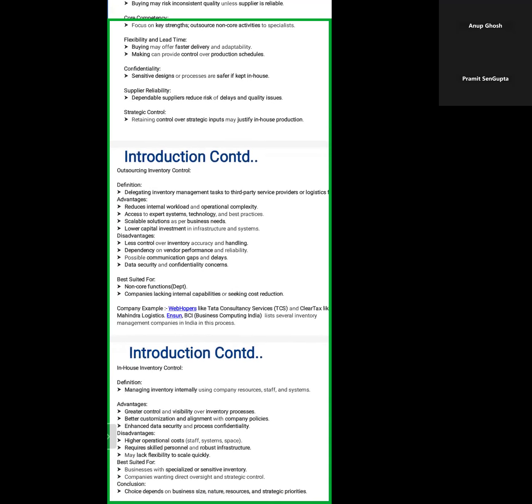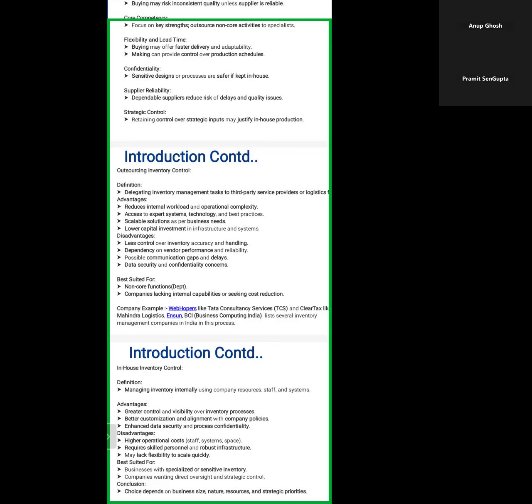Now, as I have mentioned here, for which type of company it is best suited: non-core functions, which is basically departments we're talking about, and companies lacking internal capabilities or seeking cost reduction may go for the outsourced inventory control method. That is a management decision for which we're studying this topic.